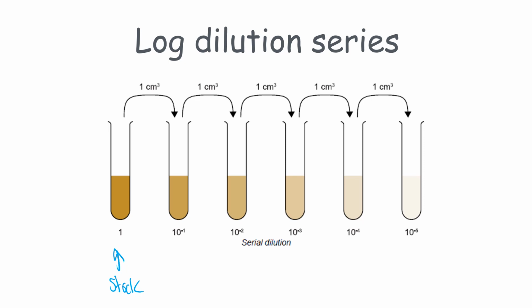And the one thing that's being missed is that we're taking 1 centimetre cubed and adding it to 9 of water each time, to make sure that every one of these has the exact same volume as each other.